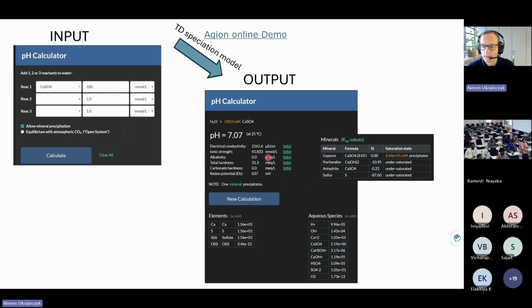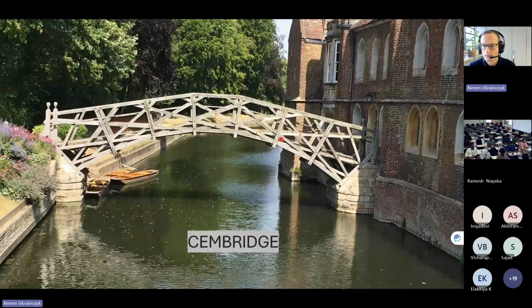This is what we will play with, so that you really get the concept of saturation and undersaturation. Behind this is the PHREEQC calculation, which does all this speciation modeling that I just showed you. And with this, I would like to conclude.